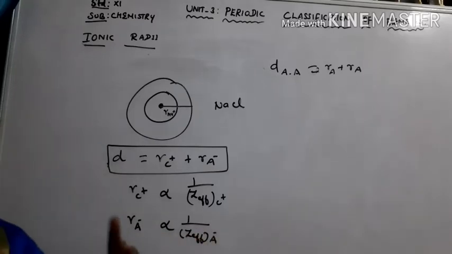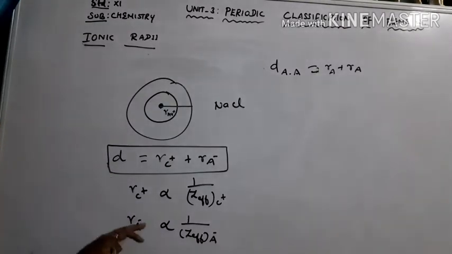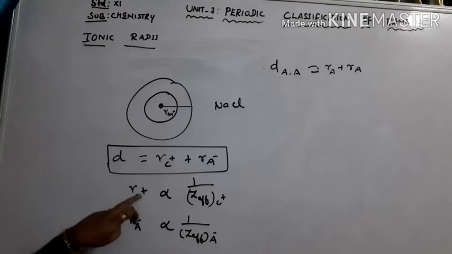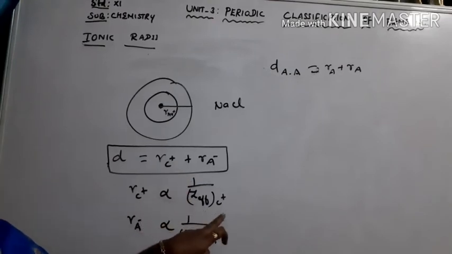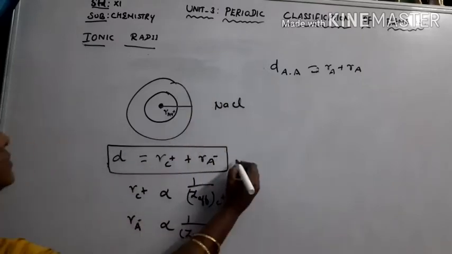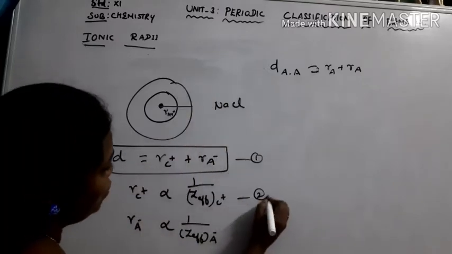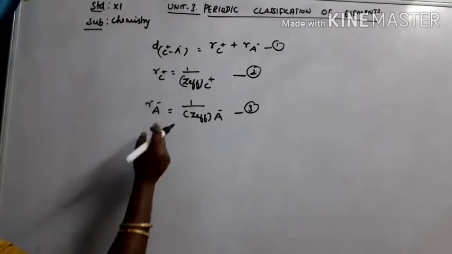So first assumption, both ions are held together by some force of attraction. Second assumption, the radius of the cation is inversely proportional to the effective nuclear charge of the cation, and the radius of the anion is also inversely proportional to the effective nuclear charge of the anion. So let us consider this equation as 1, this as 2 and this as 3. Now let us divide these two equations.